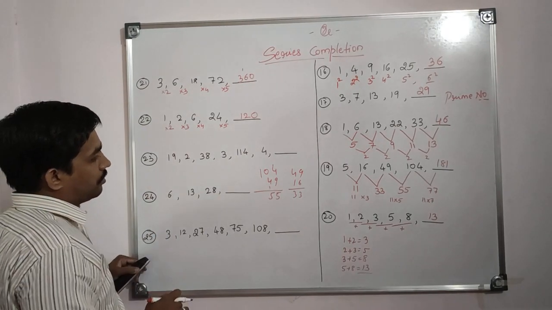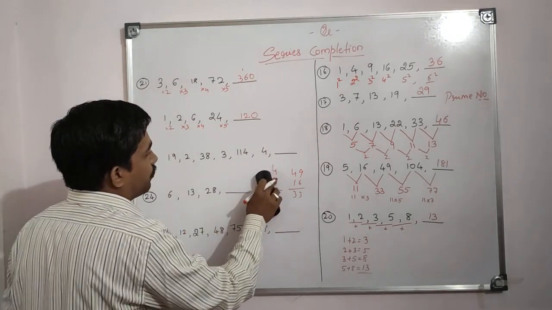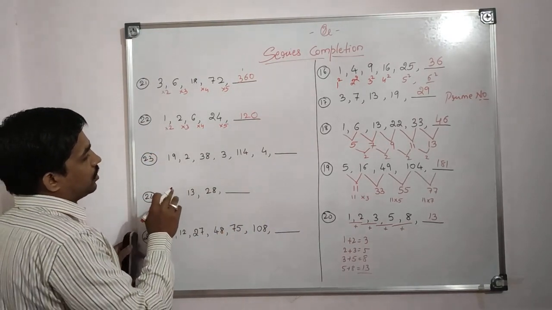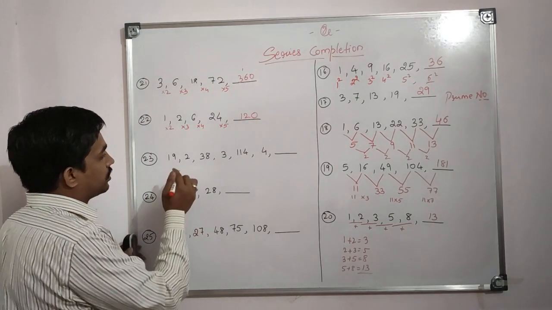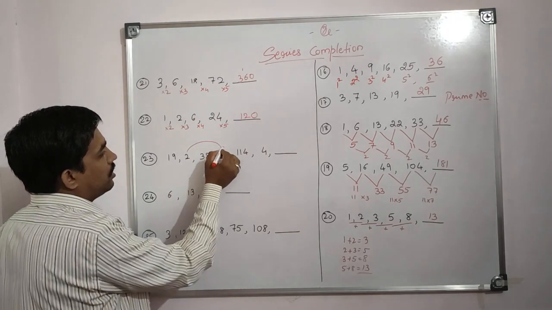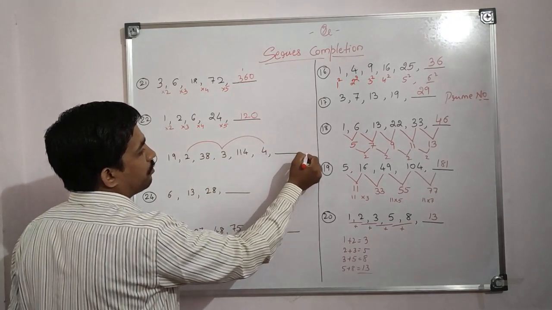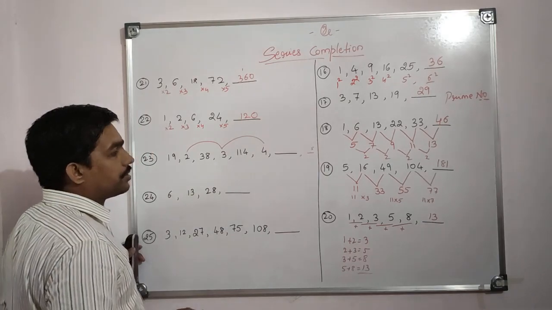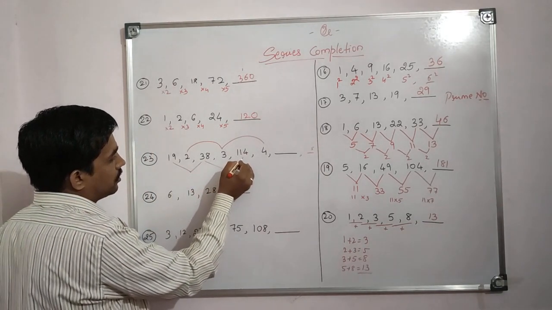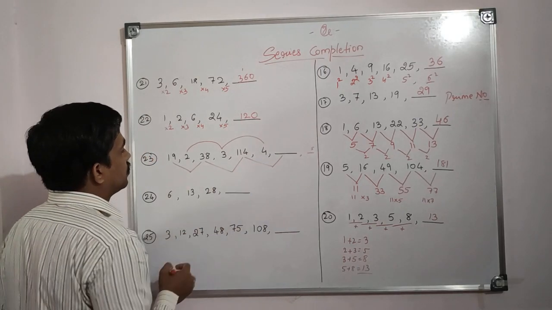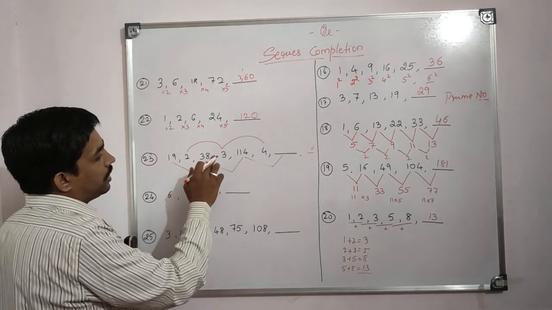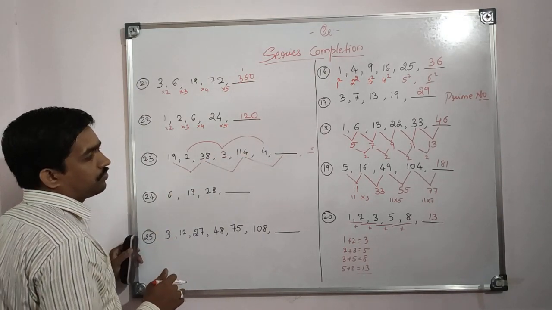And then coming to this number, it is a little bit different series. So see here children, we should take the alternate numbers: 2, 3, 4. If the number is given, it should be 5 here. Now, what about this? 19 into 2 is 38. 38 into 3 is 114.